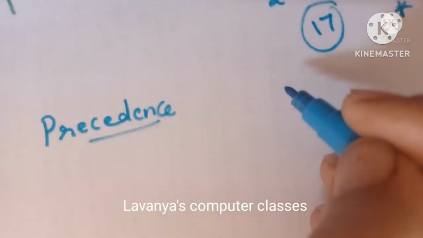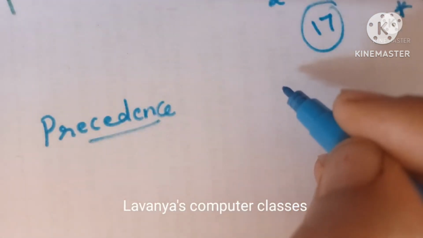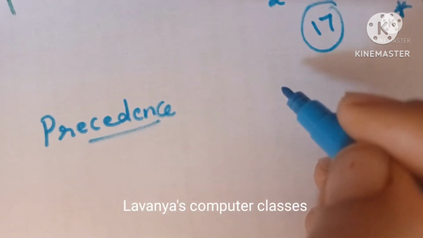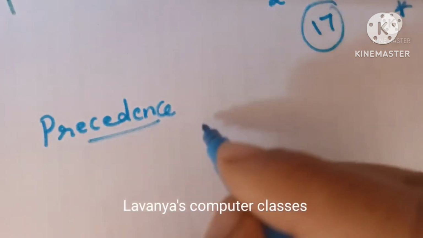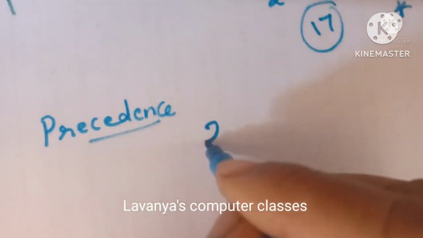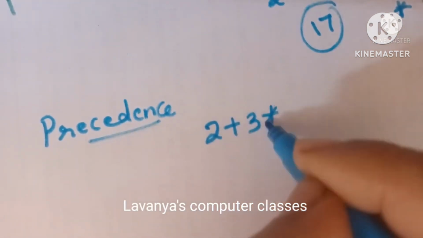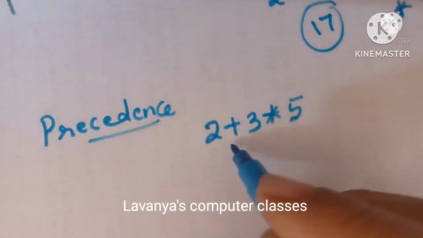If any expression contains operators of different priority levels, which one is executed first? That is explained by the precedence. High level priority operators are executed first.